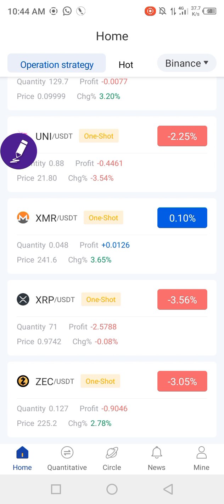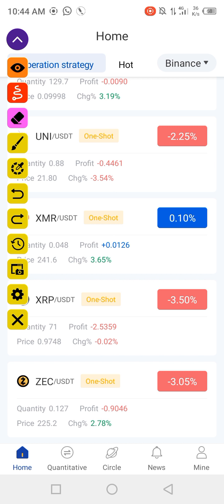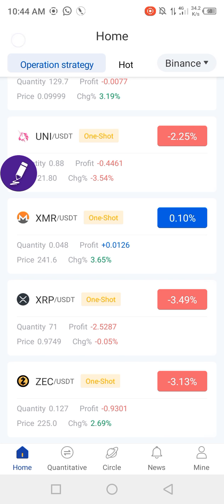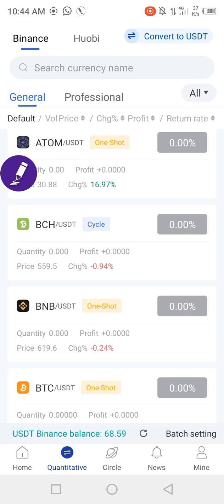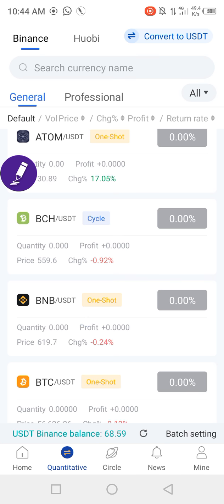So each time you want to set up a coin for a trade, after identifying the coin that you want to set up, you click on the quantitative here. Then you search for the coin that you want to set up.